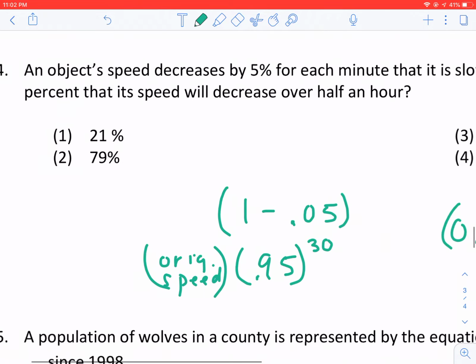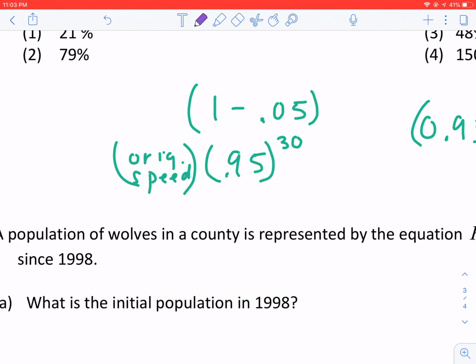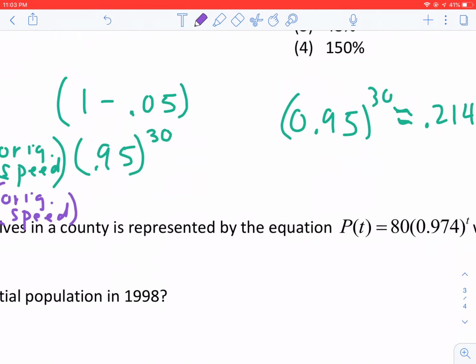No, it did not lose 21% of its speed. Think about it, if you're losing 5% 30 times, that's not going to add up to 20%. What's really happening is we're multiplying the original speed by 0.95 to the 30th, which was 0.2146.